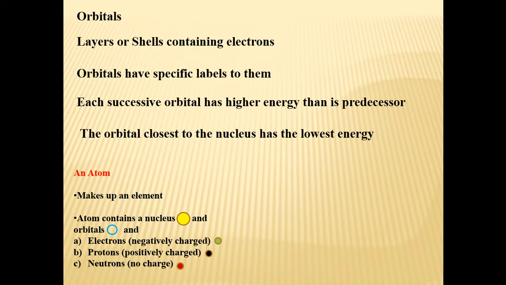Every element, as I said, contains a nucleus and orbitals or orbital. Electrons, as I've already said, are negatively charged, protons are positively charged, neutrons have no charge. Now here's a little schematic. Remember, this is a single atom. We don't focus on the entire 6.022 times 10 to the 23 atoms.